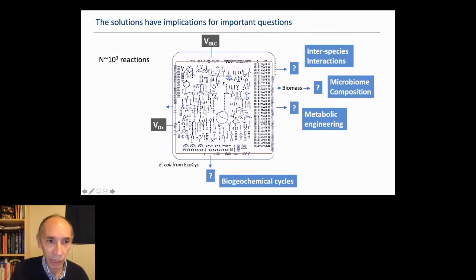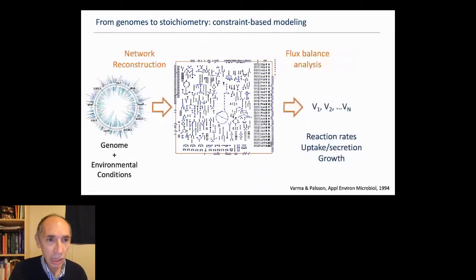A typical bacterium has of the order of 10 to the 3, or 1,000, or more reactions and metabolites. So this becomes really a complex mathematical question. As many of you know, the field of stoichiometric modeling and constraint-based modeling has given us a lot of tools to address these questions in a very efficient way.